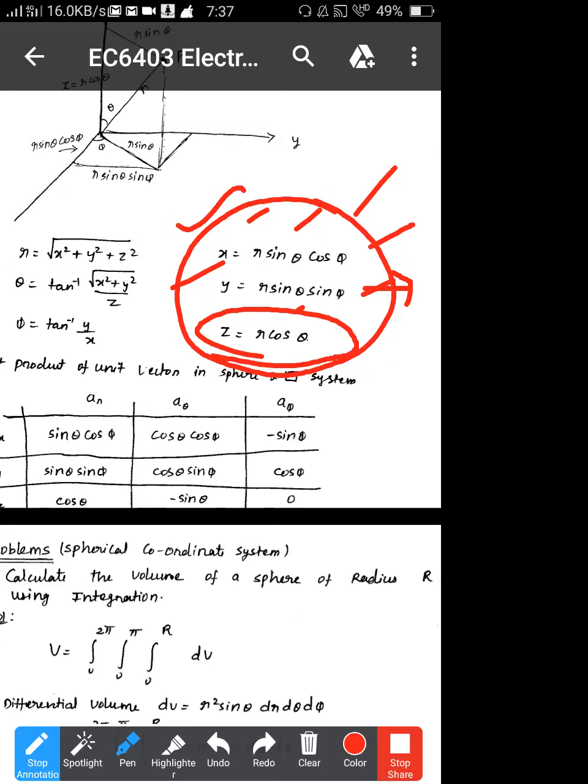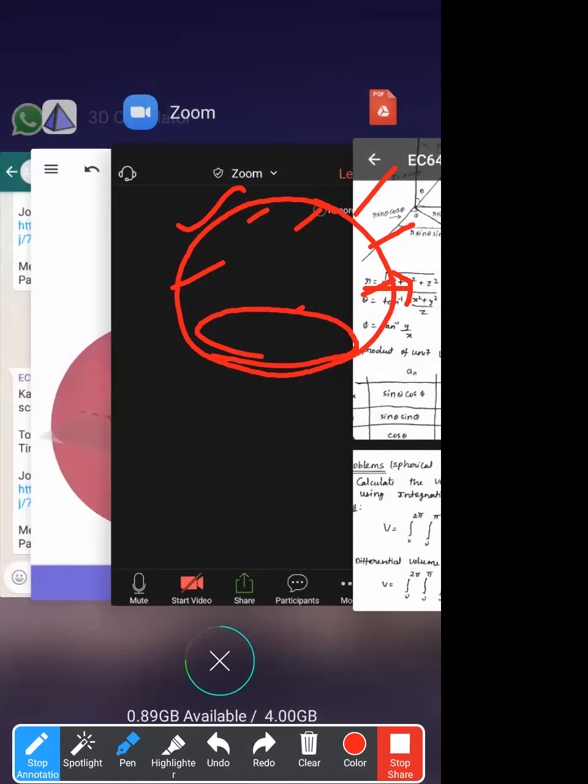Now I will go to the simulation to get a realistic idea about how you can easily remember these three equations, because somehow you have to remember them. This is the basic relationship between the spherical and rectangular coordinate system.